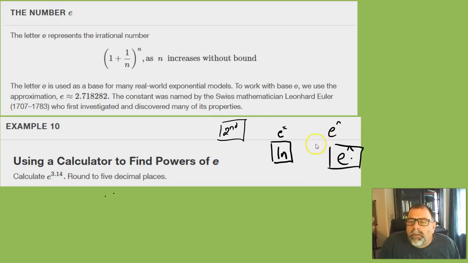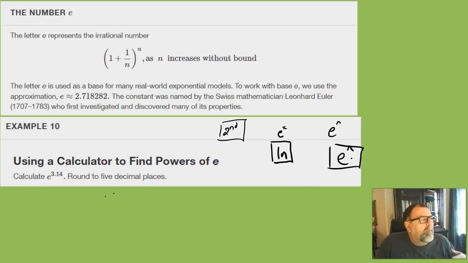So what you do is hit second and this button and then whatever the power is, or you hit this button without the second because it's an actual E button, and then you put 3.14. Some calculators you have to do it backwards. You put the 3.14, then you hit second ln, or if it has this button, you just hit that button. So you have to experiment with your calculator to make sure you know how to do it, or just Google it.